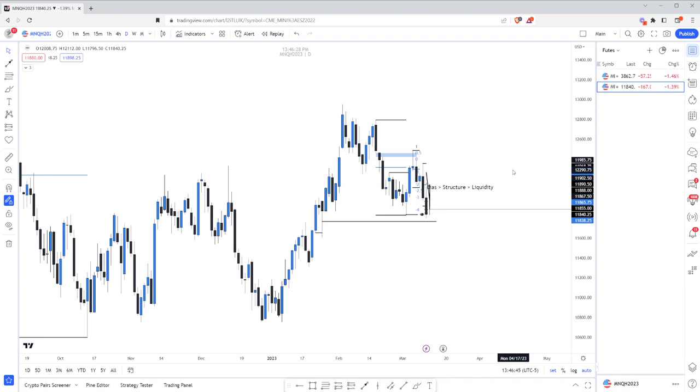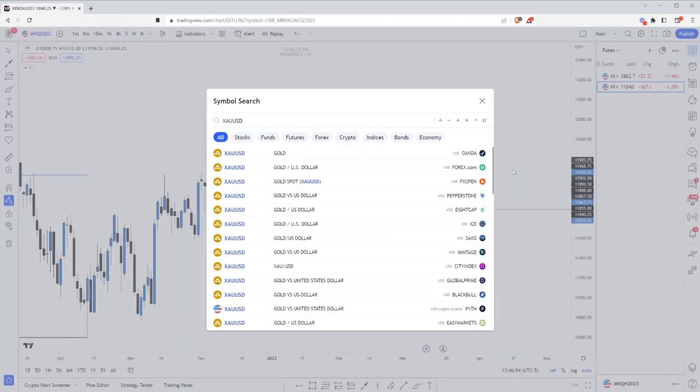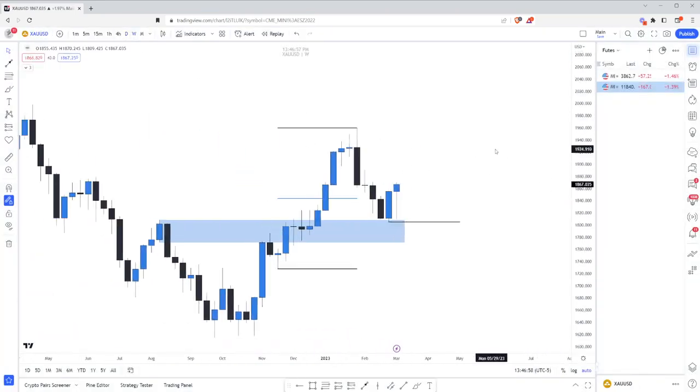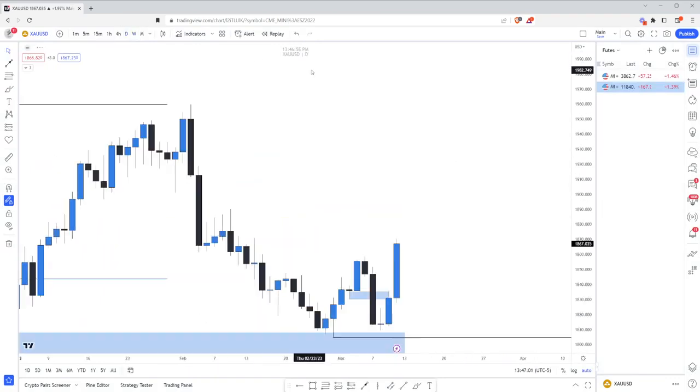Hi, gold tapped and swept into the weekly order block at 1960 with displacement to the downside. I can say the overall weekly draw on liquidity is 1783. Hold on. I think gold looks amazing, in my opinion.